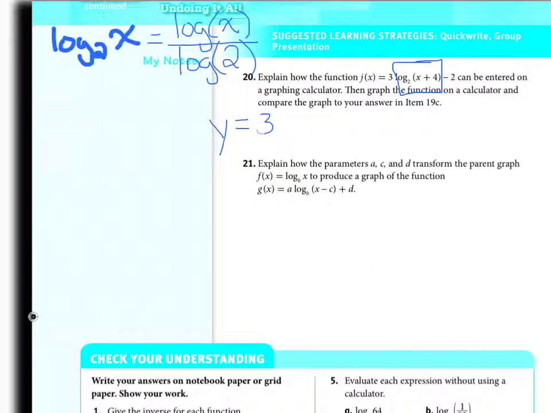See the 3 in the front, log of, now the change of base says we're going to take the log of the argument, x plus 4, divided by the log of the base, and at the end, you're going to subtract 2. So that is a way you could put it in the calculator.